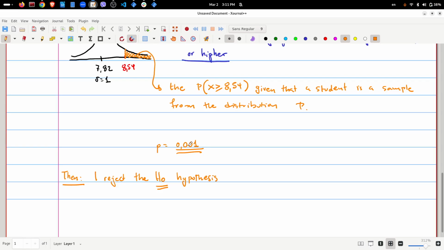In other words, I take the risk to claim that this value is not coming from this distribution, because the probability to observe this value or something higher from this distribution is really small.